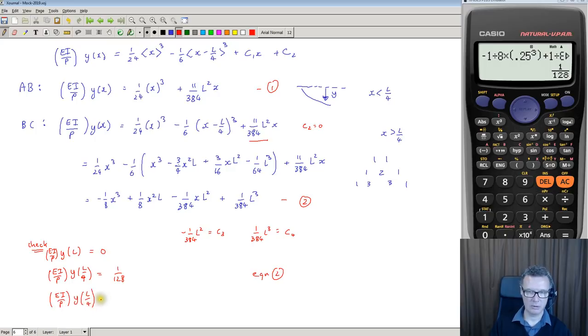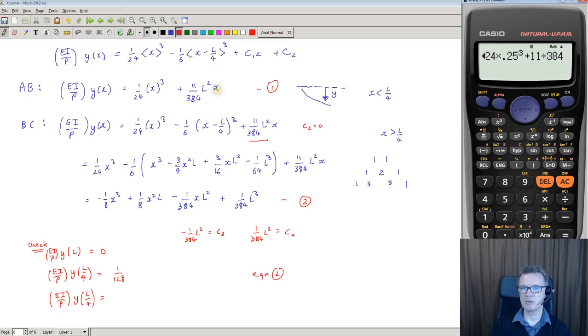So now let's see if that matches for equation 1. So here we're now substituting quarters into here and here and see what we get. So 1 divided by 24 times by 0.25 to the power 3 plus 11 divided by 384. So that's effectively 1.